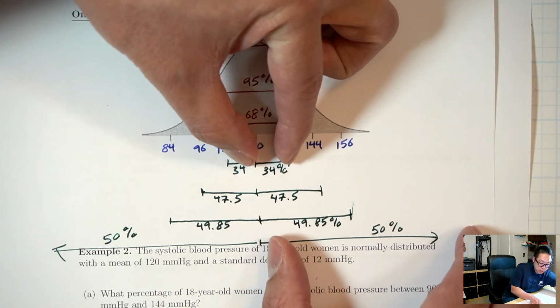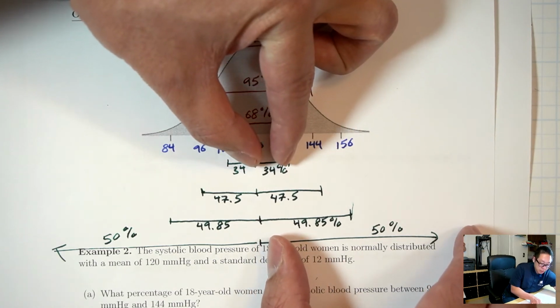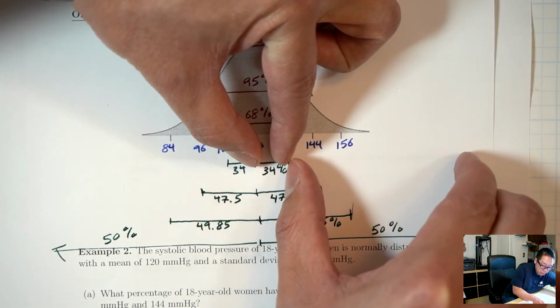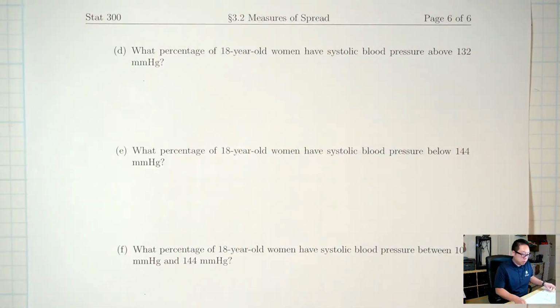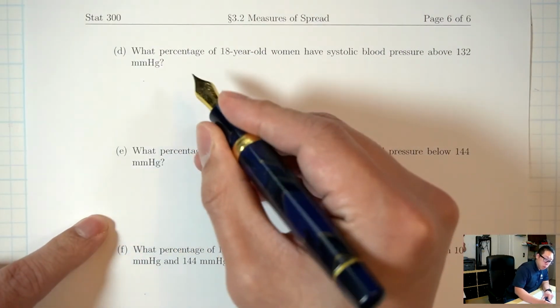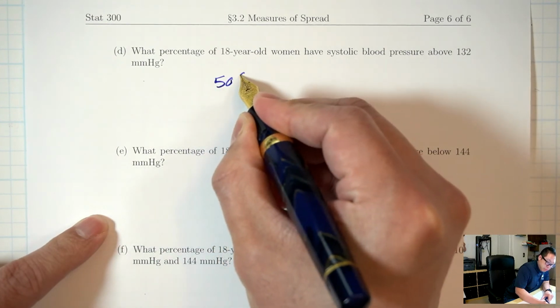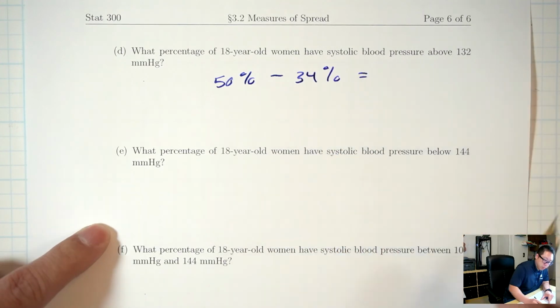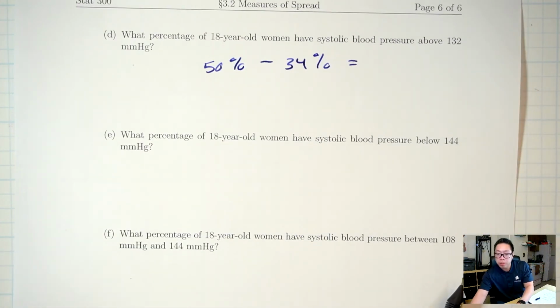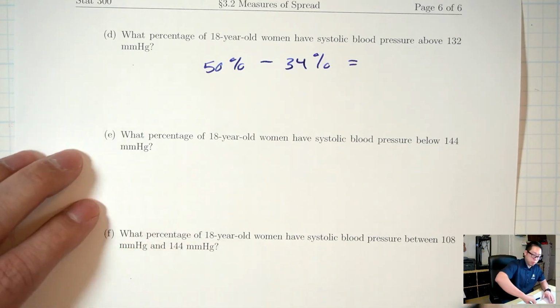So 50% minus 34% should give me exactly this piece, 132 all the way to the right. And 50% minus 34% is 16%.